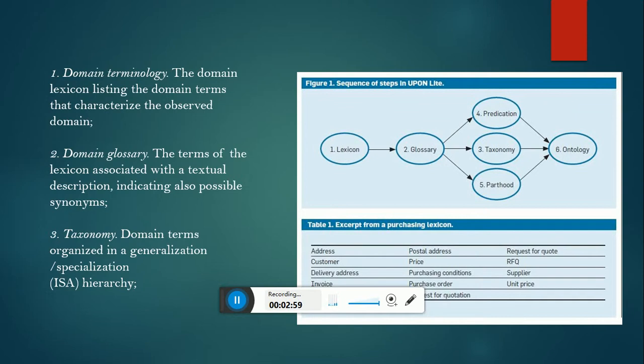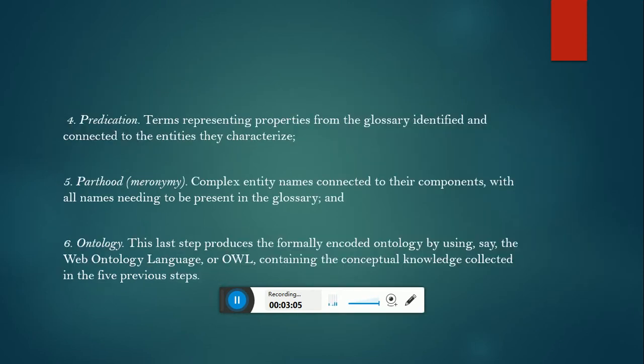The third is taxonomy, domain terms organized in a general-specialized hierarchy. The fourth is predication, which represents properties from the glossary identified and connected to the entities they characterize. Parthood: complex entities are connected to their components, with all the names needing to be present in the glossary.